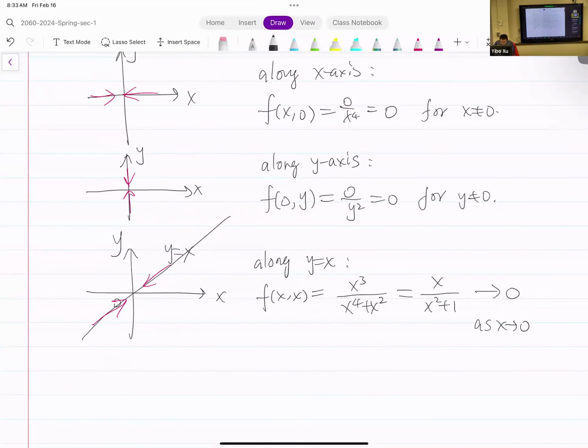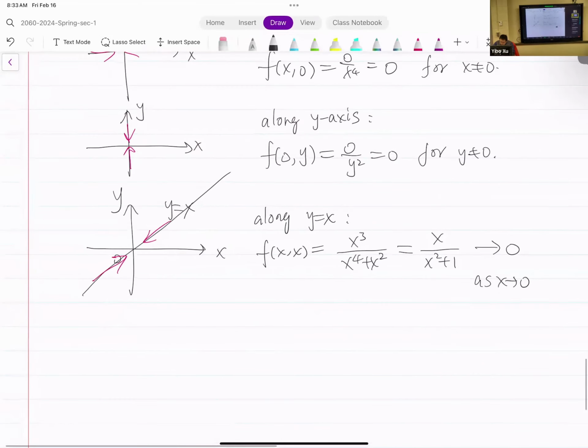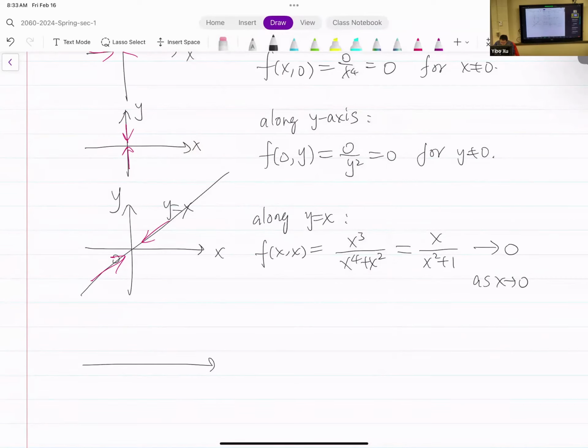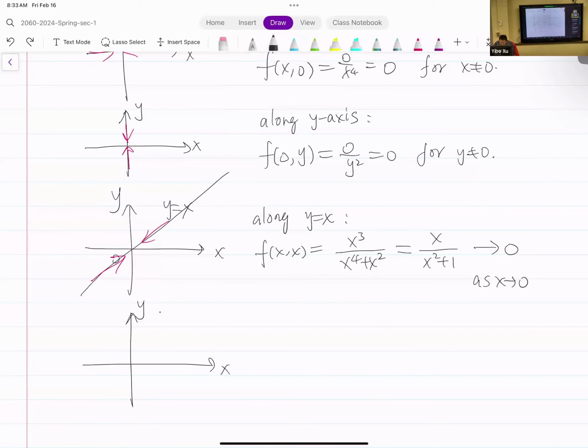So let's choose another slant line, but with a different slope. So let's say now in this situation we have a slant line, y equals m times x.